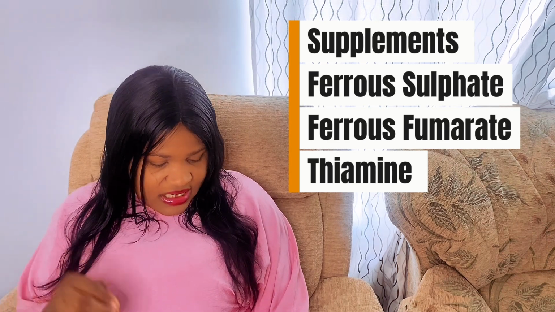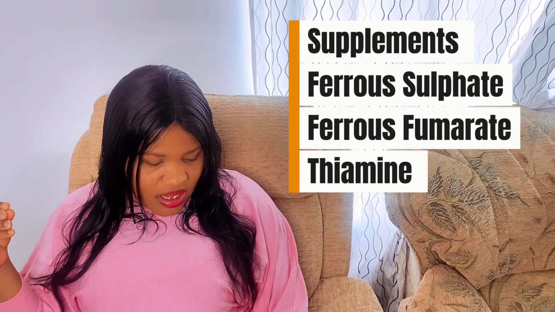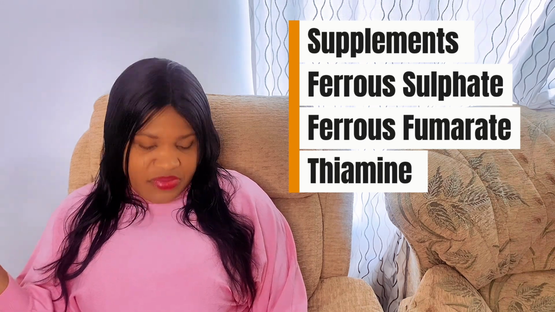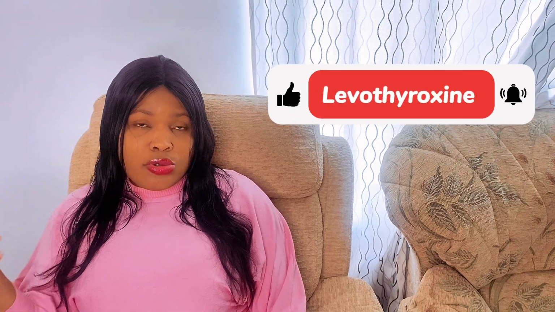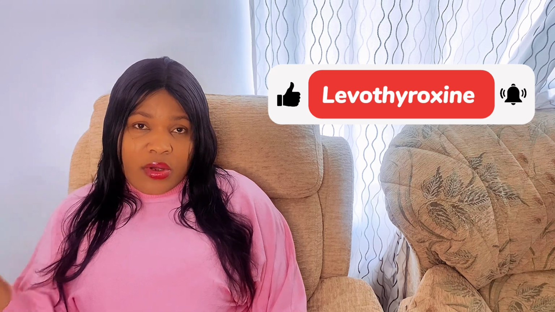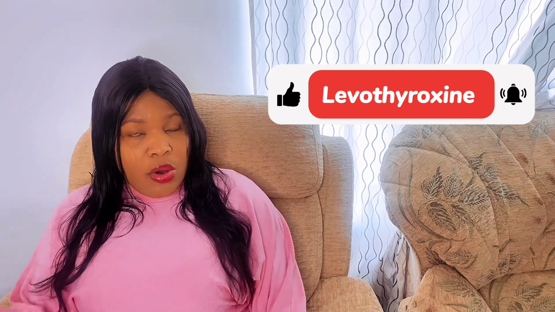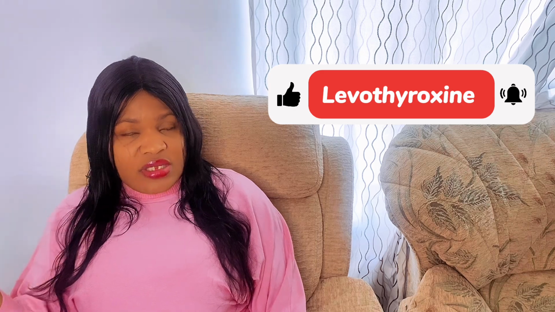And then also we have thiamine, which is vitamin B1, to treat deficiency as well. Then also we have another one known as levothyroxine. Yes, levothyroxine is used to treat underactive thyroid gland, and side effect is nausea and vomiting.